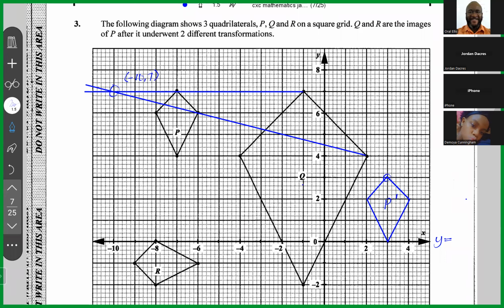The next thing I need is the scale factor. Now, the scale factor K is equal to the distance from center to image, divided by the distance from center to object.